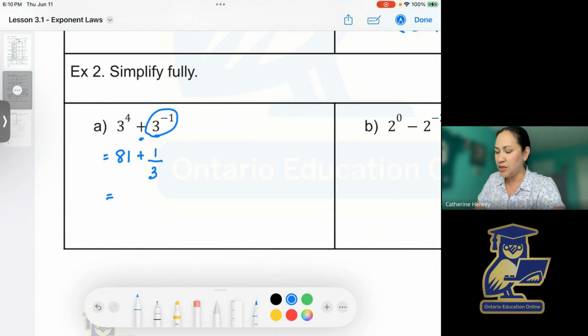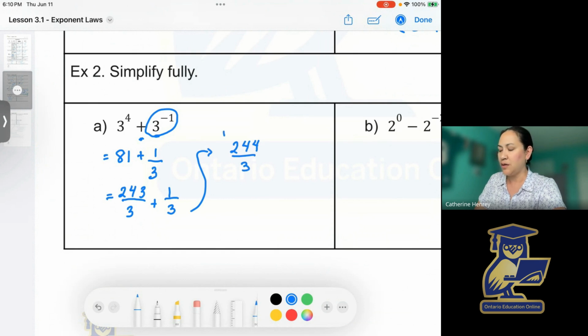So we'll change this 81 to a fraction that has a denominator of 3, and that results in 243 over 3 plus 1 over 3. And simplifying that, I get 244 over 3. If you check, this fraction can't be reduced any further, so we can leave it just as it is.